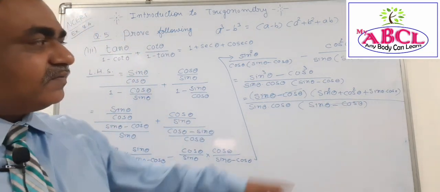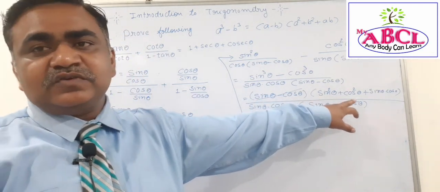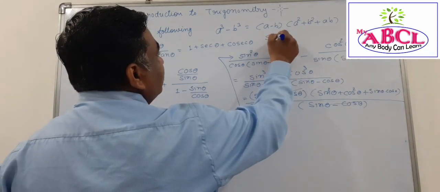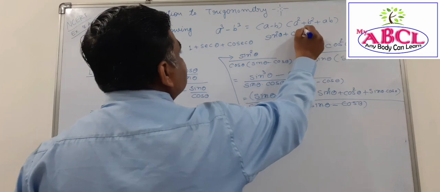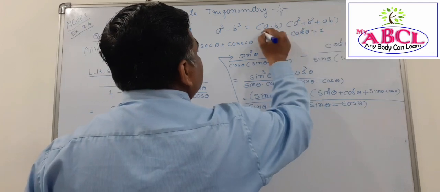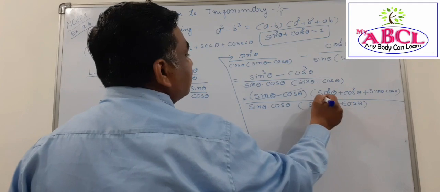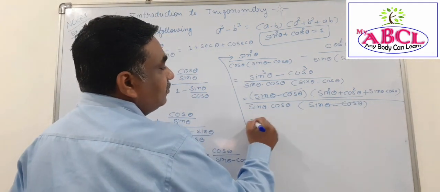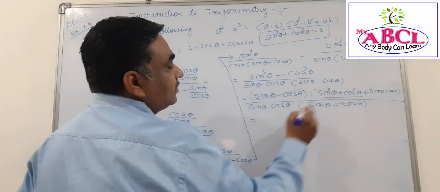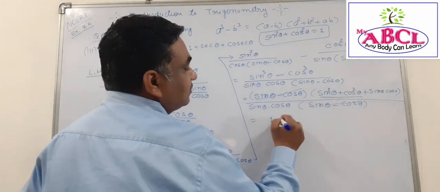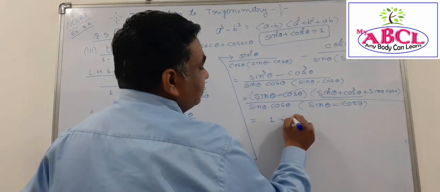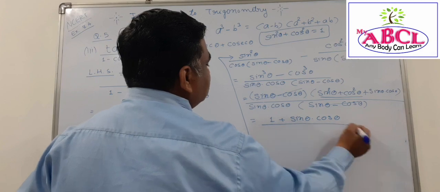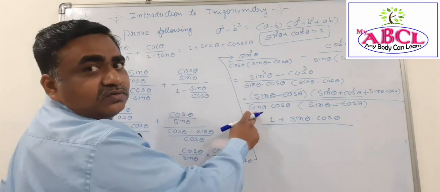Moreover, we have one identity, that is sin square theta plus cos square theta is equal to 1. So we can apply it over here, and it will become only 1. So here it is 1 plus sin theta into cos theta, in the denominator only sin theta into cos theta.